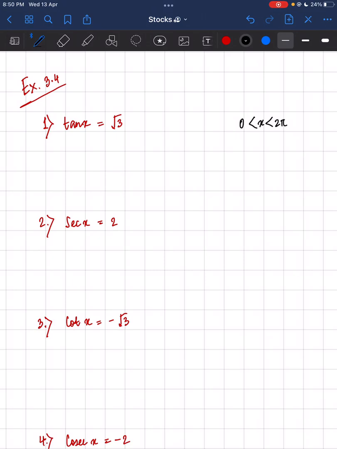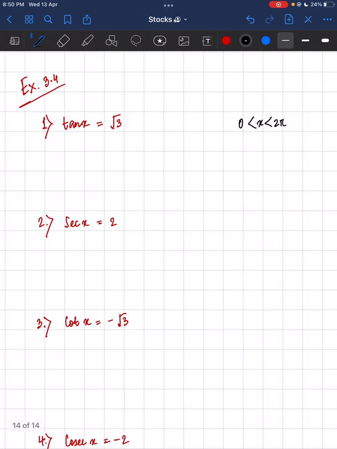Now for the principal solution, I have tan x is equal to root 3 here. So we need to think of the angles for which tan x gives the value root 3. First I will check the sign. Here the sign of root 3 is plus, it's not negative. So we think of in which two quadrants tan x is positive.